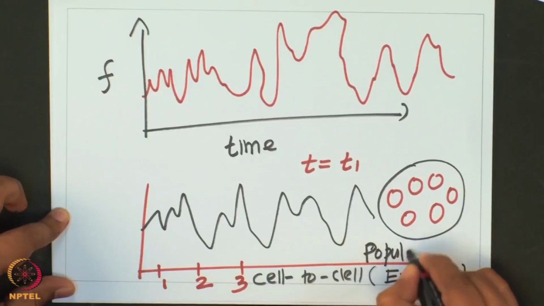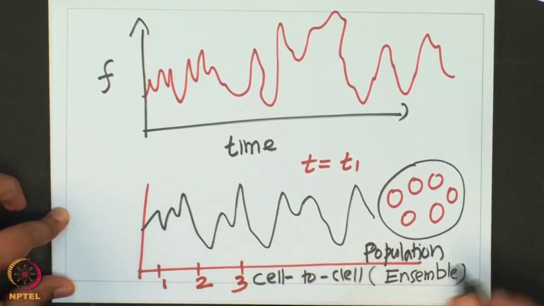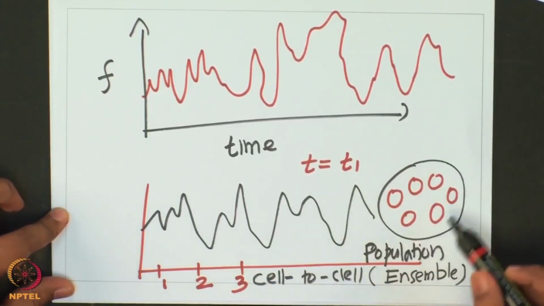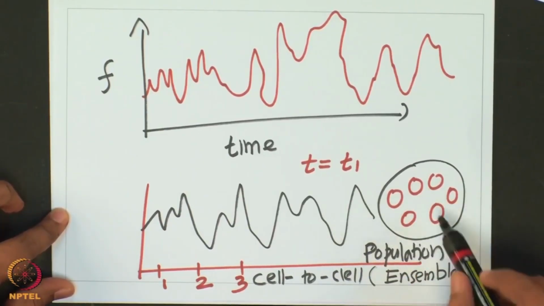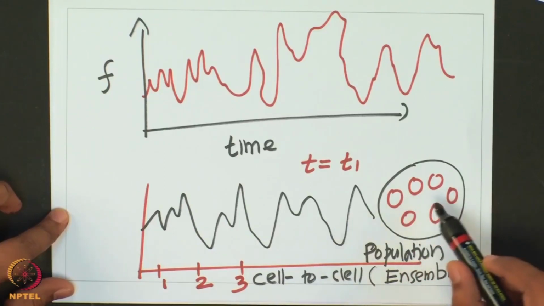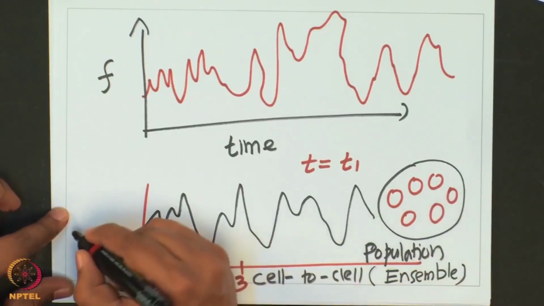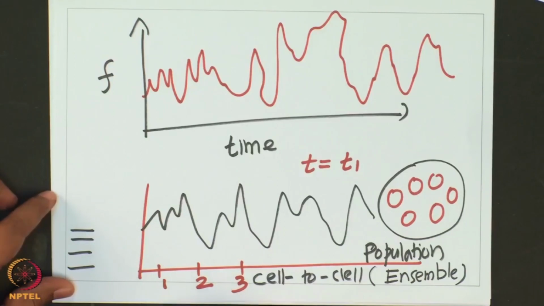If you take a population, with different individuals, let them be individual cells or whatever the elements may be, it need not even be a cell, it could be a microtubule. If you have 10 microtubules, each of their lengths under exactly the same conditions could be fluctuating.